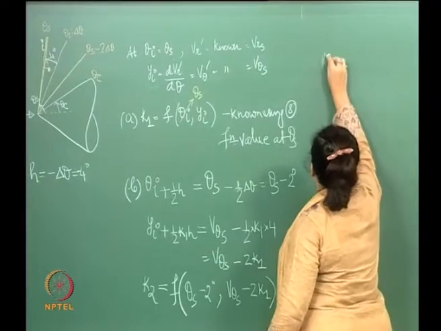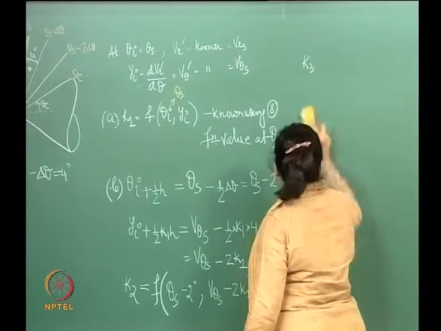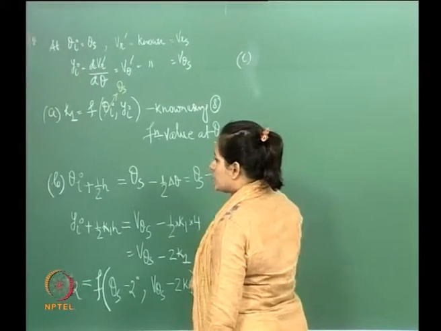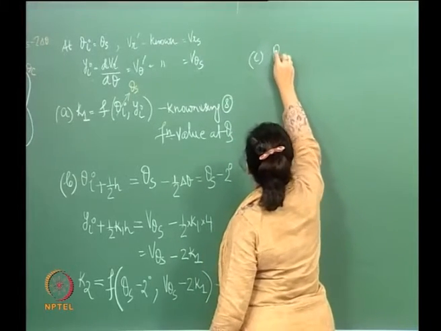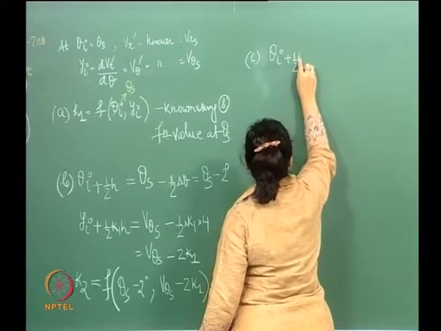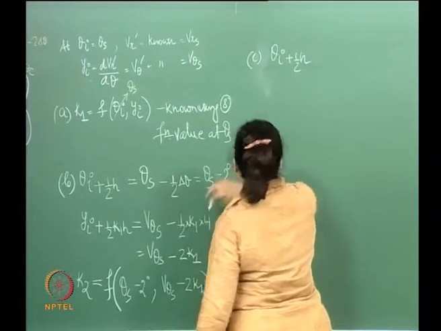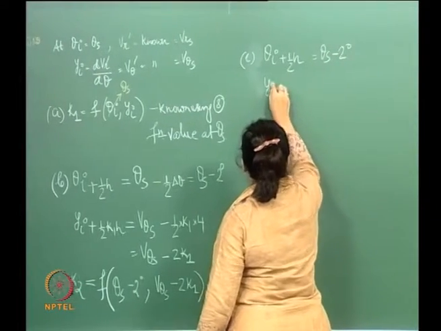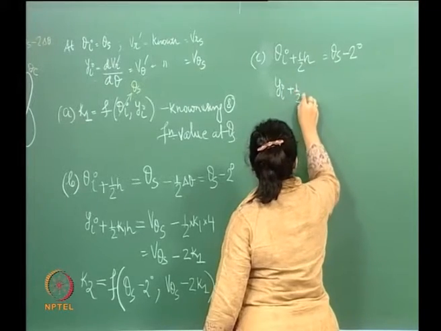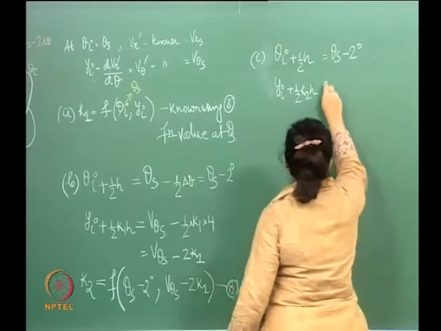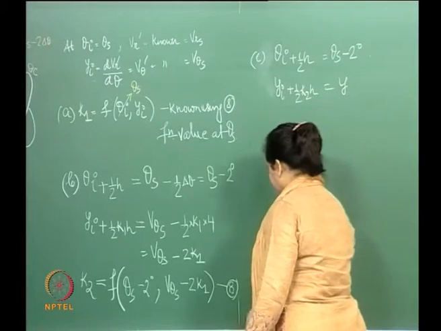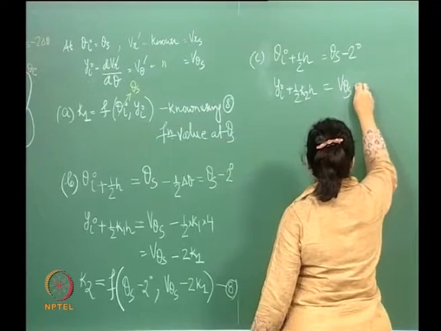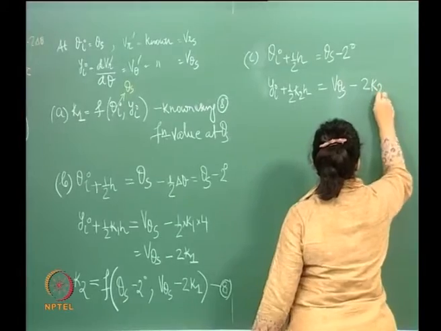So, k 3. Now, what we need now, k 3 is essentially the same as this value here. Now, y I was essentially v theta s minus 2 k 2.